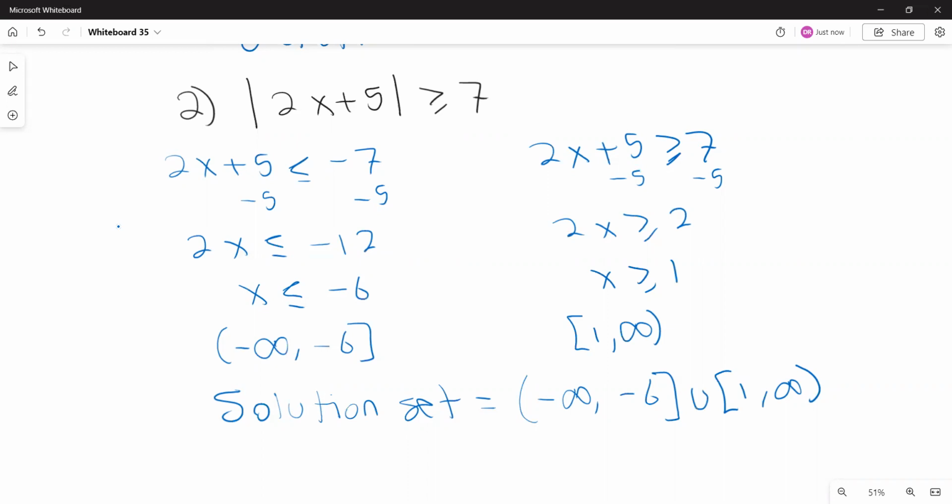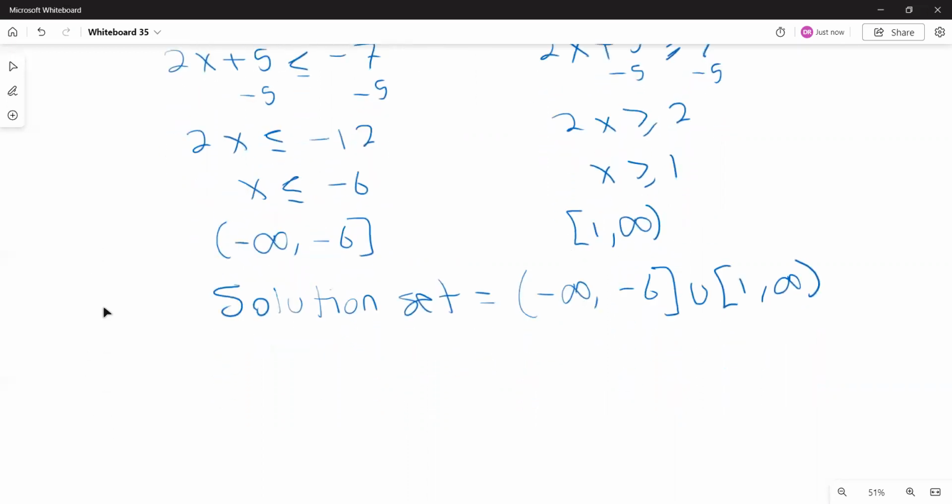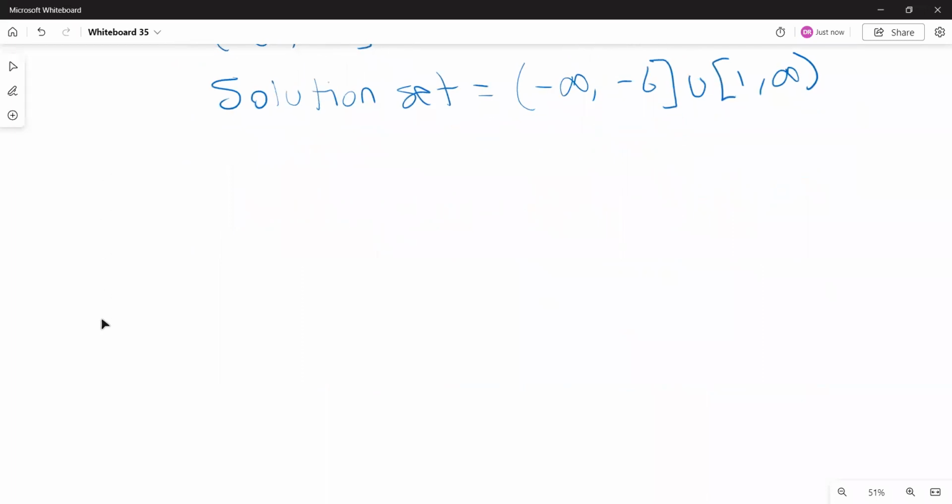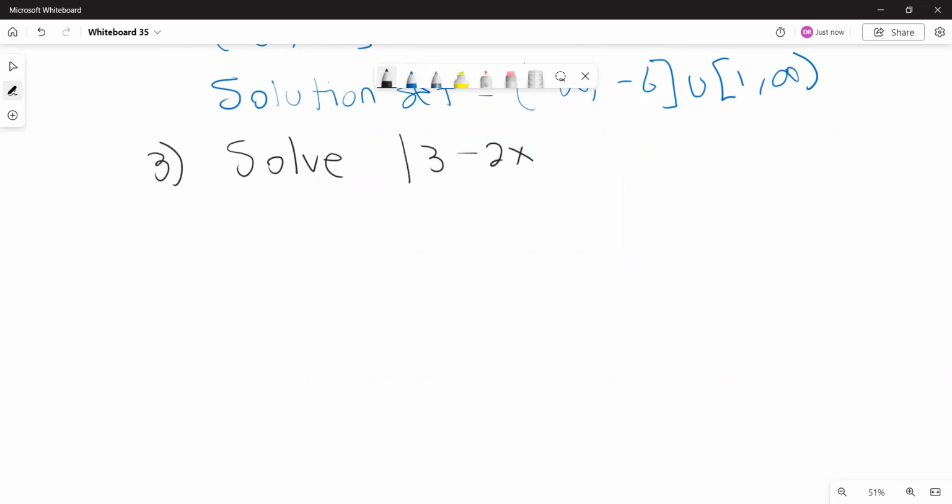Number 3. We will solve the inequality absolute value of 3 minus 2x plus 1 greater than 5.